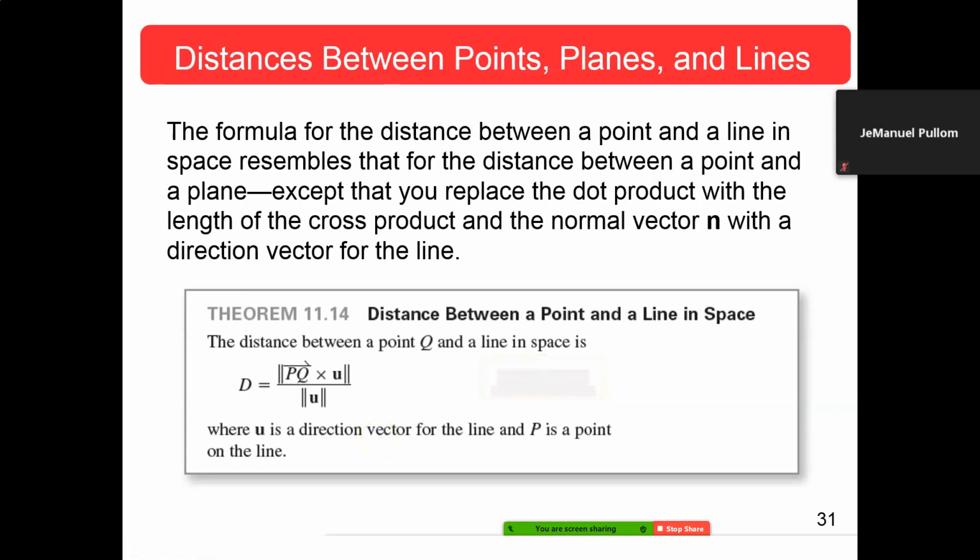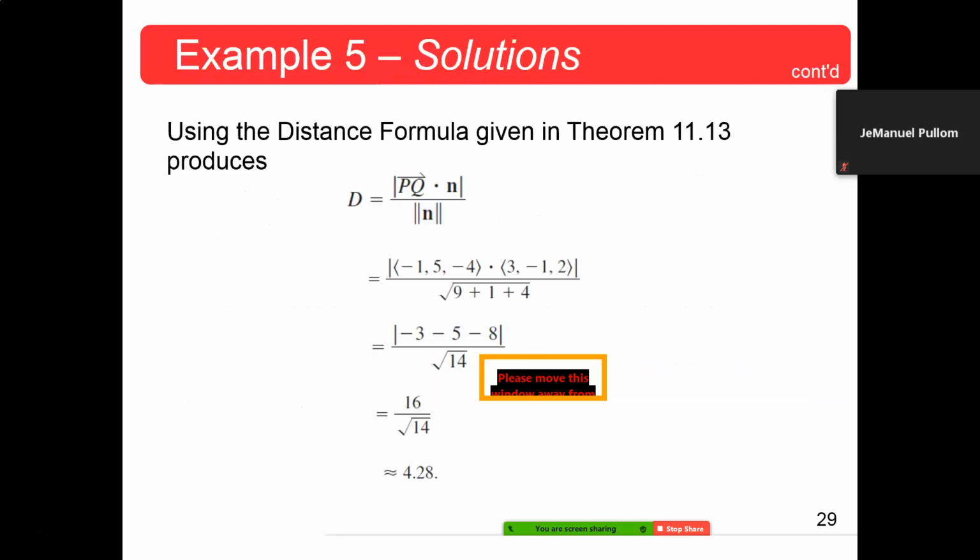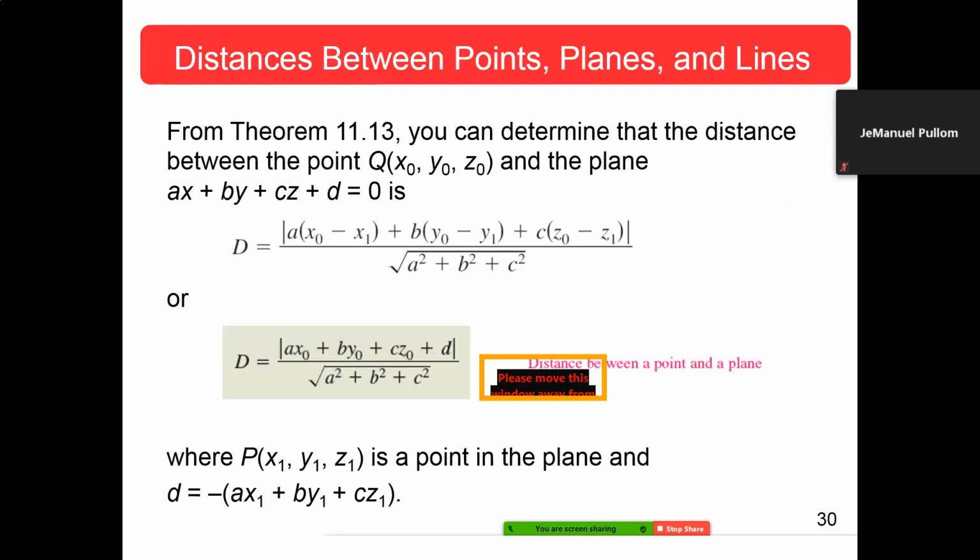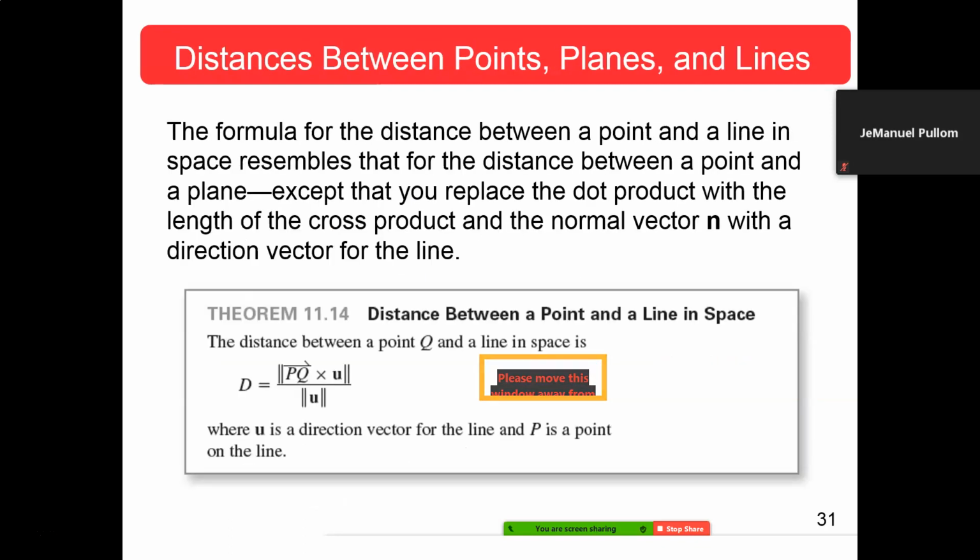Goodness, my hands are freezing. And P is the point on the line. Okay, so that's the distance between a point and a line in space, which we had, I thought, earlier. Yeah, well, they're giving it to us again if necessary.